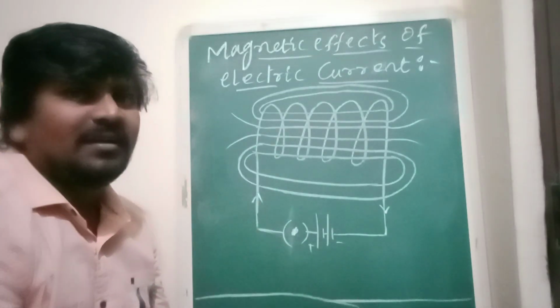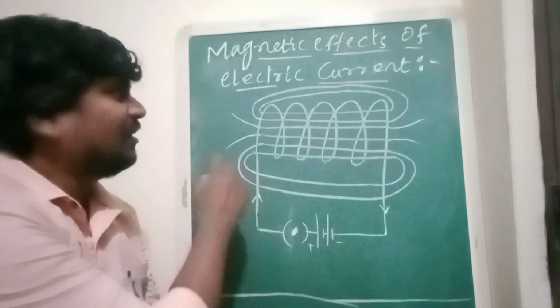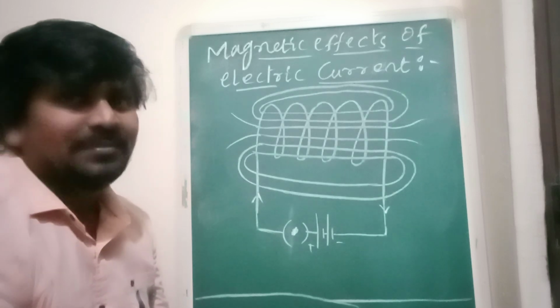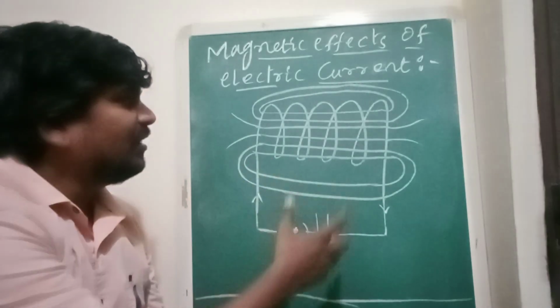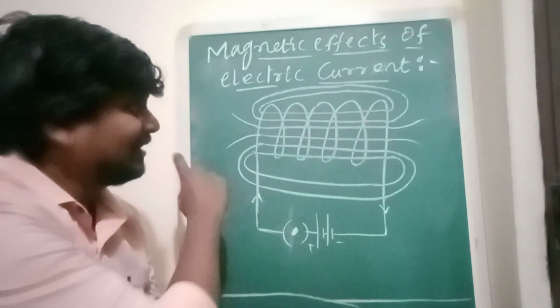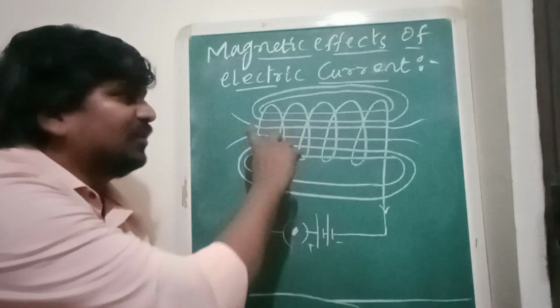If you place any magnetic material, it will get magnetized. So if you place soft iron, it gets magnetized, it behaves as a magnet. Then the magnetic field of the overall solenoid will increase if you place the soft iron inside the solenoid, nothing but inside the rings.